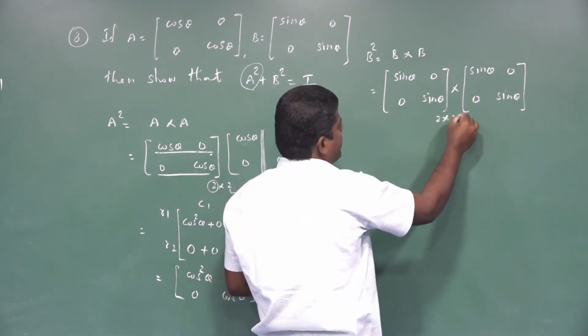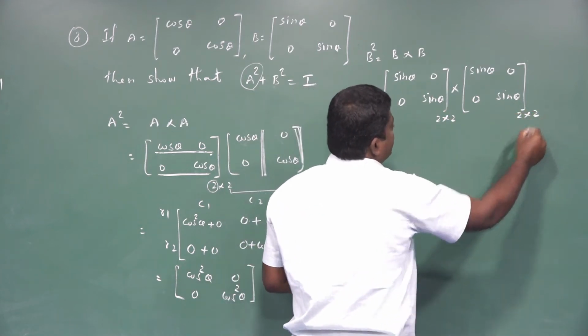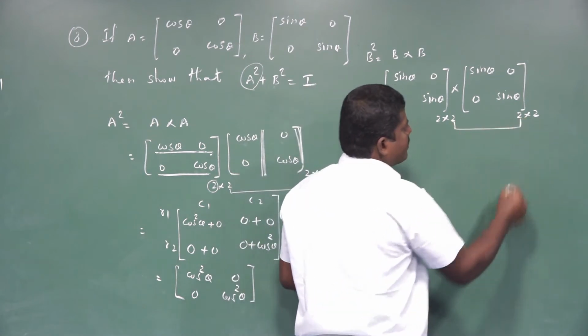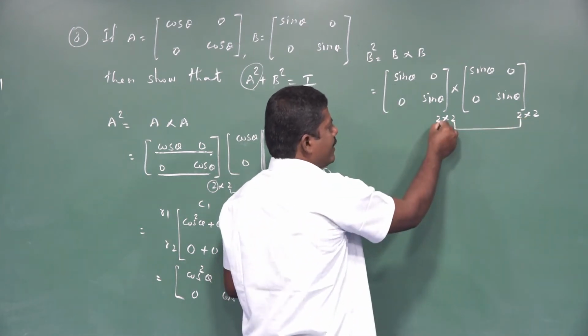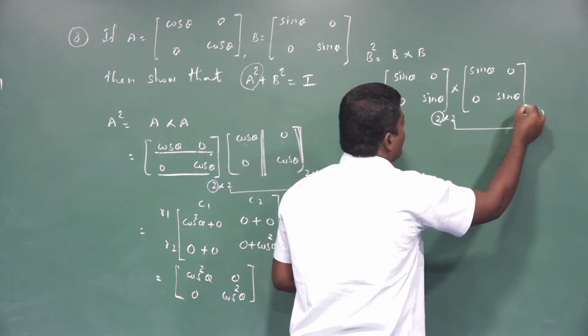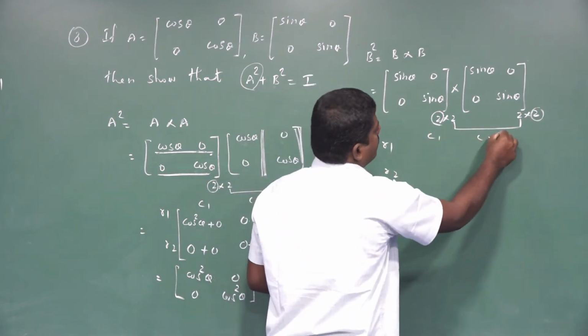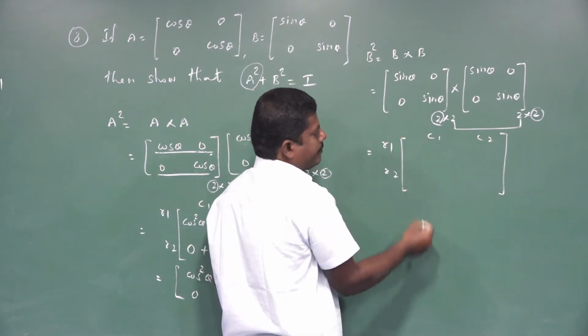Order of our first matrix is 2 by 2. Order of our second matrix is also 2 by 2. So multiplication is possible, and the result order is 2 rows and 2 columns.